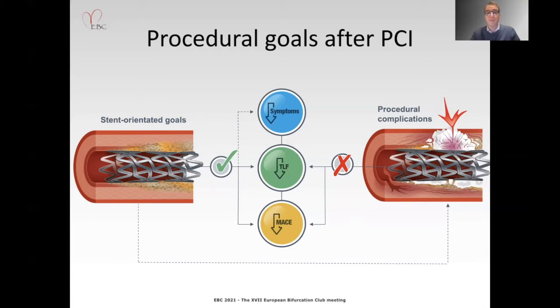Balloons have insufficient force to crack calcium, often resulting in barotrauma or balloon rupture. Atheroablative strategies are also limited by wire bias, potentially resulting in slow flow or even perforation.